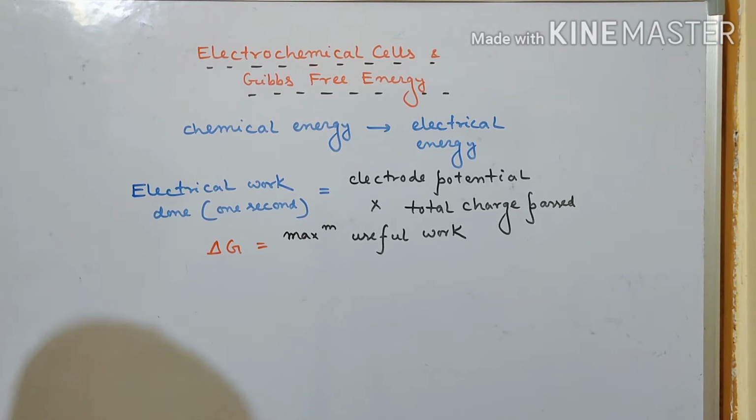Remember, for a reaction occurring in an electrochemical cell whose electrodes differ by a potential of E cell, the work done when an amount of electric charge nF, small n into F, is passed along the potential of the cell is given by nFE.